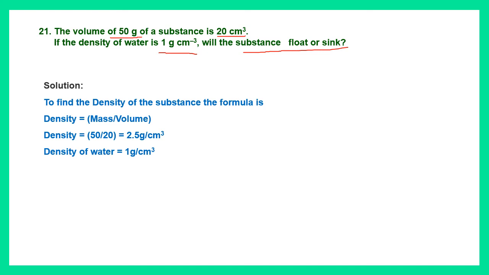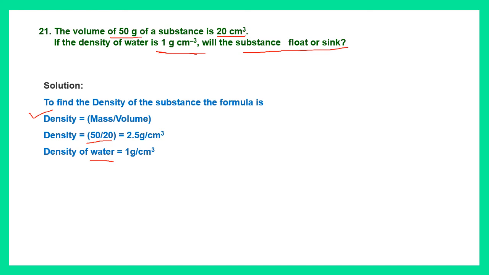The formula to find out the density is equal to mass upon volume. Okay, so density of the substance is mass of the substance upon volume of the substance. That is 50 gram upon 20 centimeter cube. So answer will be 2.5 gram per centimeter cube. And density of the water is given over here in the question itself, 1 gram per centimeter cube.